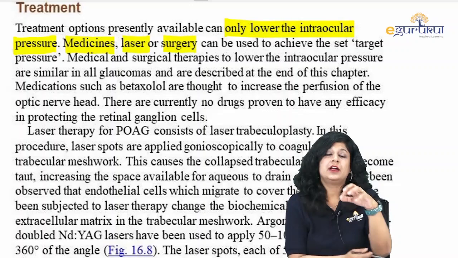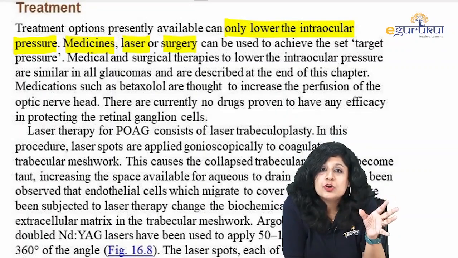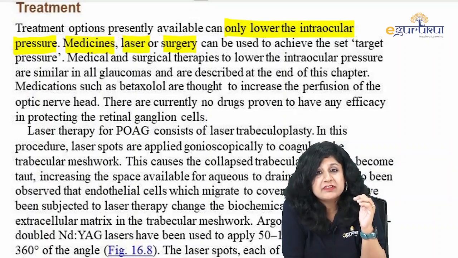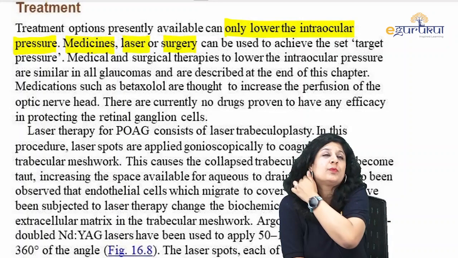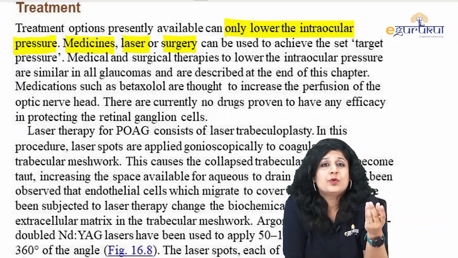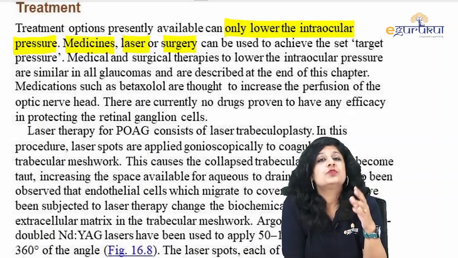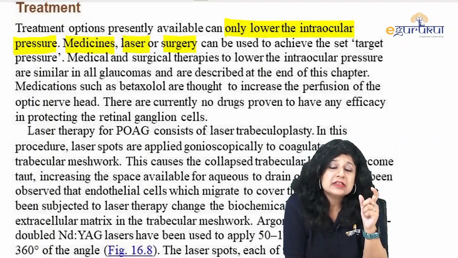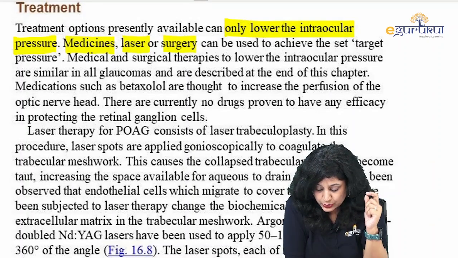Now this decrease in the intraocular pressure could be done with the help of anti-glaucoma drugs. Recently we had conducted the integrated lecture also on the anti-glaucoma drugs, which is again a very important thing. We can do it by laser, we can do it by surgery, but it is actually the medicines that remain the primary mode of treatment.